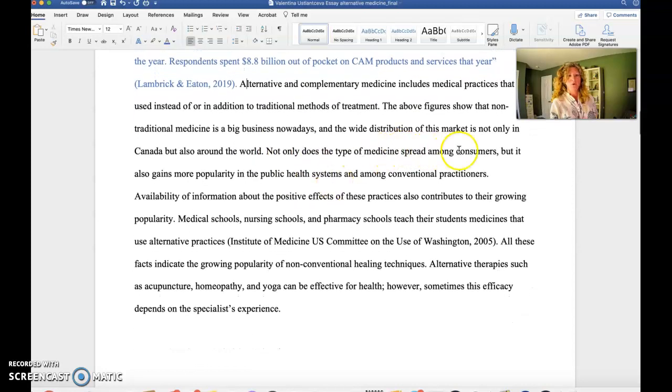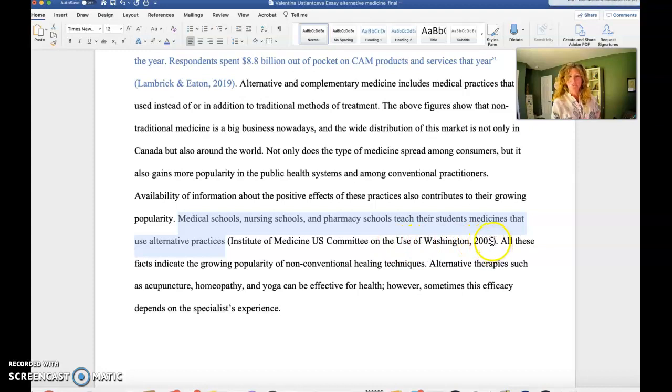It talks about who uses this kind of medicine, consumers, but it also gains more popularity in the public health systems, okay? Then she starts talking about availability of information about the positive effects and their growing popularity. Where is it practiced? Medical schools, nursing schools, etc., etc. Now, I know that this line here is paraphrased from the Institute of Medicine in the US Committee, 2005. This source is getting a little bit old, but it's probably okay.